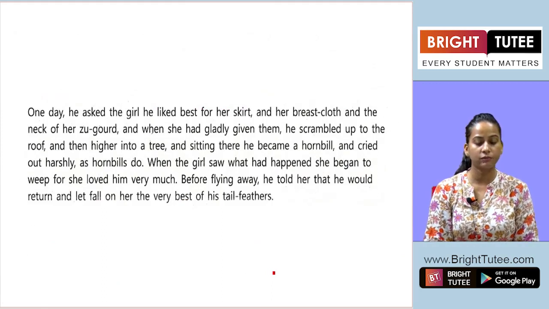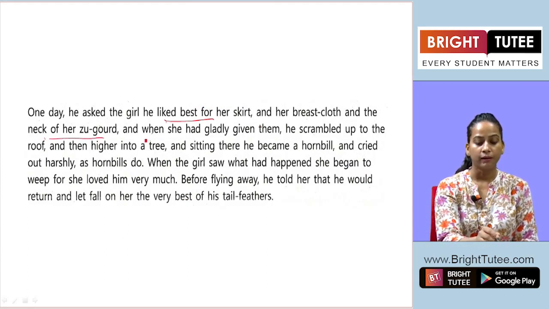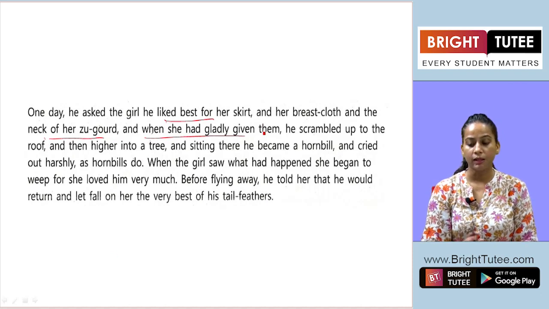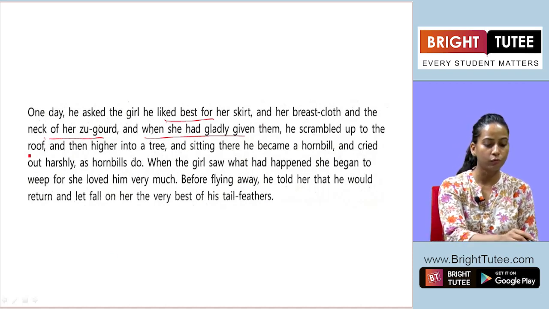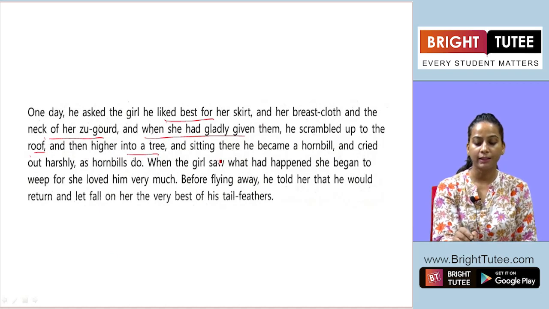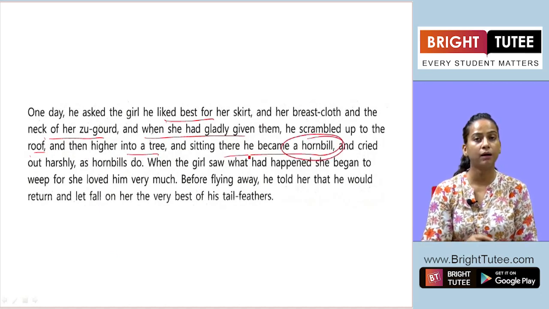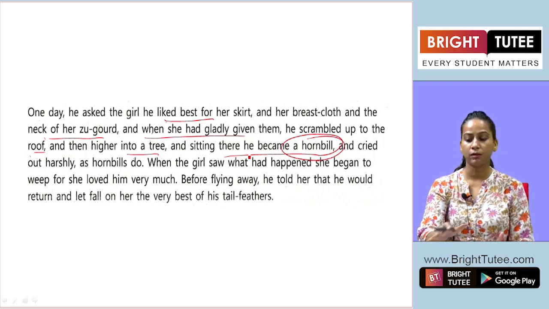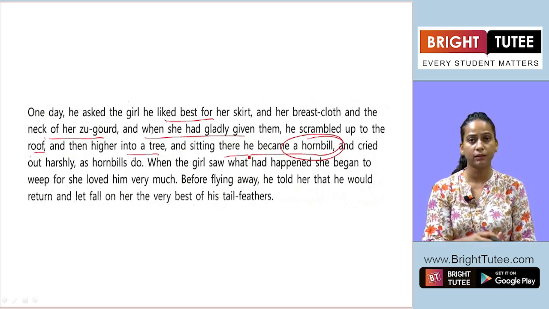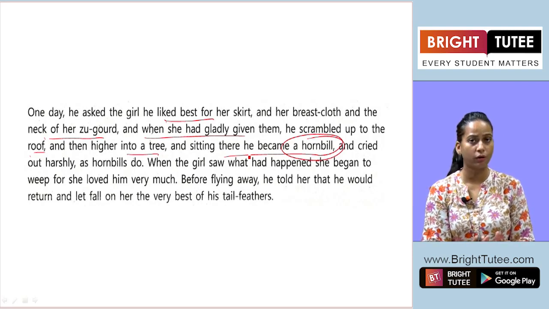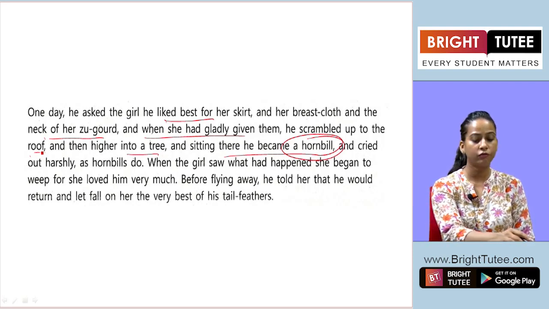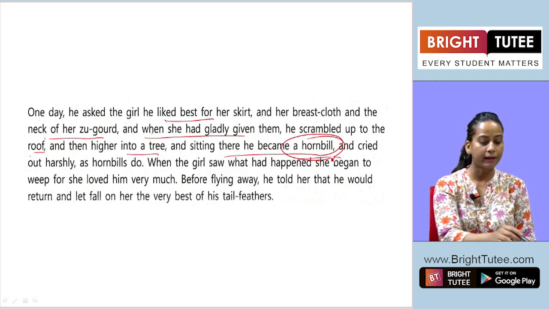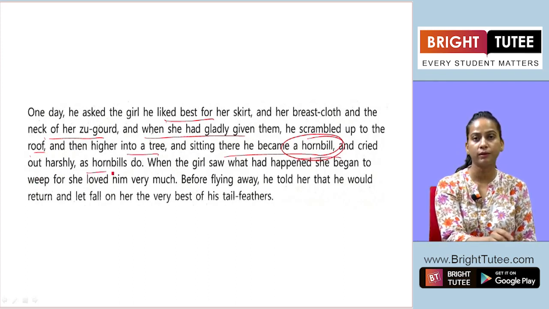One day he asked the girl he liked best for her skirt, her breastcloth and the neck ornament, and when she had gladly given them, he scrambled up to the roof and then higher into a tree, and sitting there he became a hornbill, and cried out harshly as hornbills do.